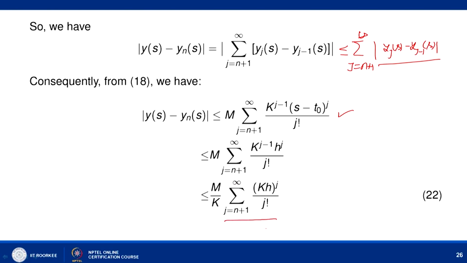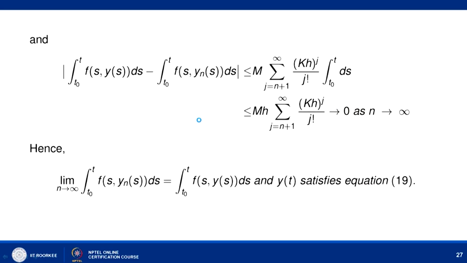This is the tail of the series e to power Kh minus 1, and since this series is convergent, as n tends to infinity this tail tends to 0. So, as n tends to infinity, modulus of ys minus yns also tends to 0, and this implies that this is also tending to 0.